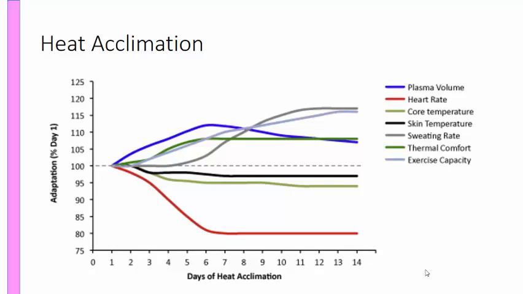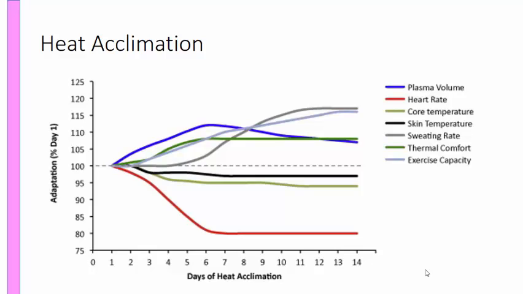Now let's discuss heat acclimation. Heat acclimation is when you have an improved tolerance to a heat stress following repeated exposure to the heat. So you can become heat acclimated naturally by moving somewhere that's really hot. So if you move to Arizona, you can also do it in the lab if a lab has a heat chamber.